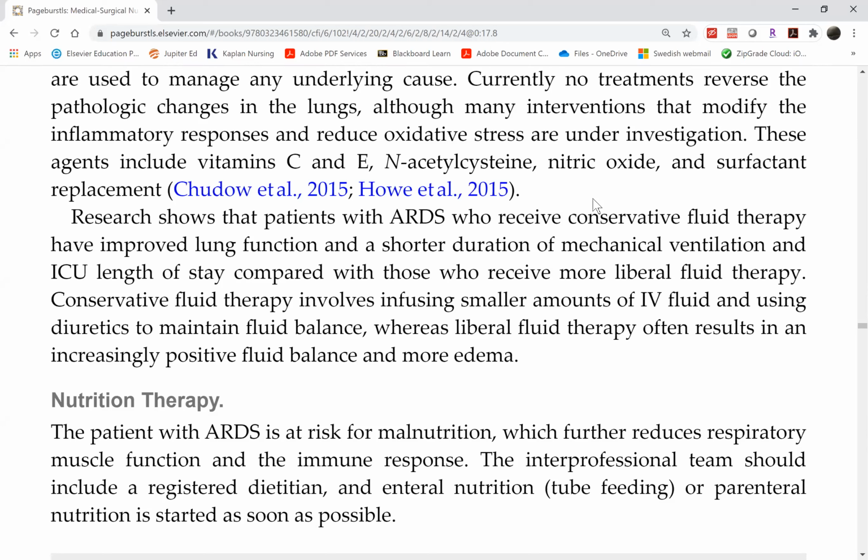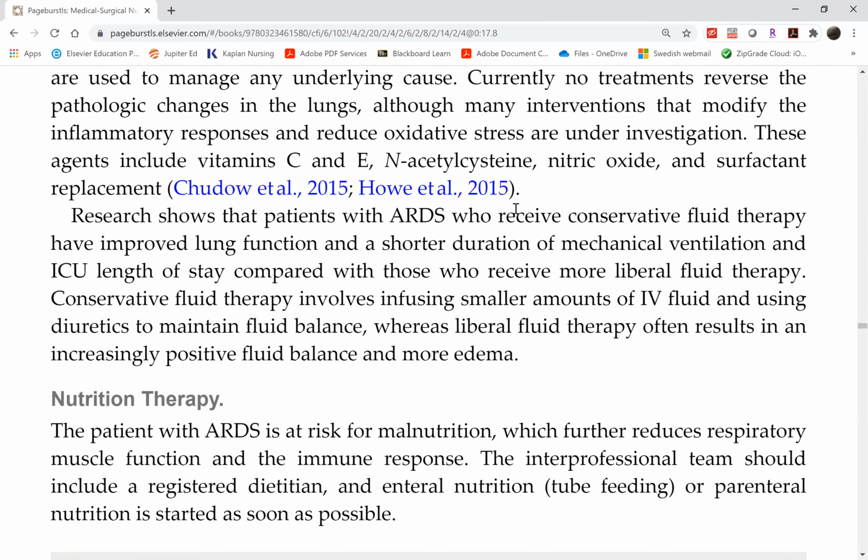DIC will also usually affect these patients. So on top of the ARDS that you're managing, the sepsis that started all this will also predispose the patient to disseminated intravascular coagulation. So that's another thing you have to deal with on top of this. Good thing in this chapter, this is all we're talking about, right?